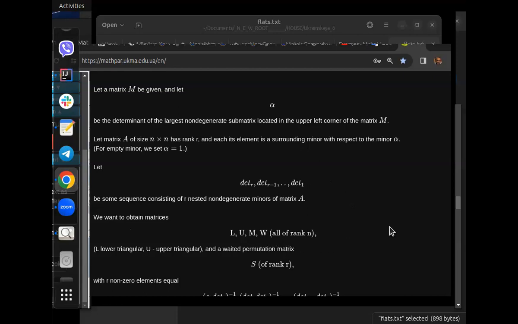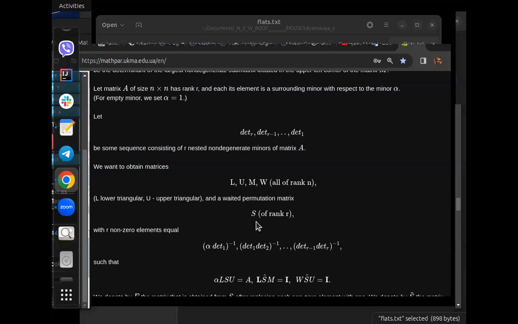And if we have such sequences, we want to obtain matrices L, U, M, W, all of rank n, and we want to obtain matrix S. It is a weighted permutation matrix of rank R, which has R non-zero elements which equal such a product of these determinants. You can see that each non-zero element of the matrix S must be a product of two minors.